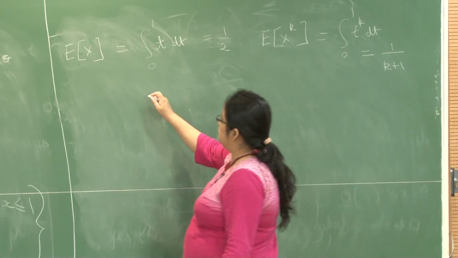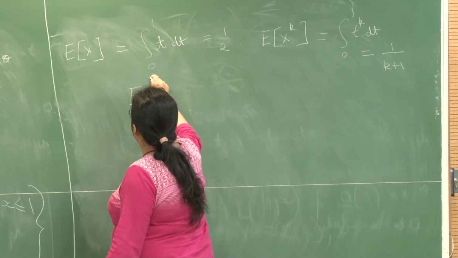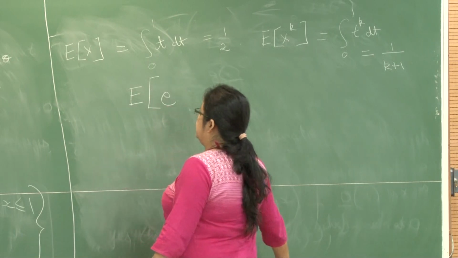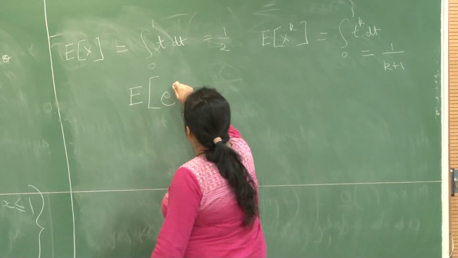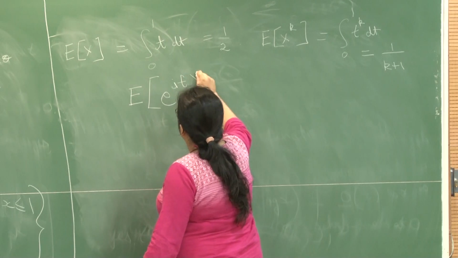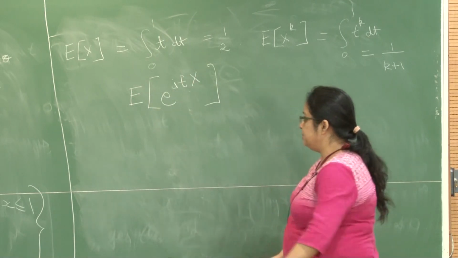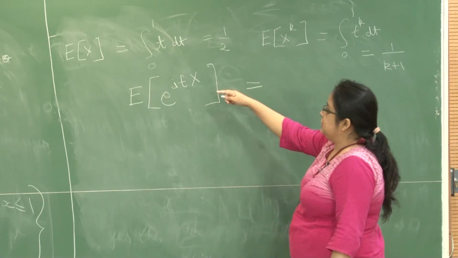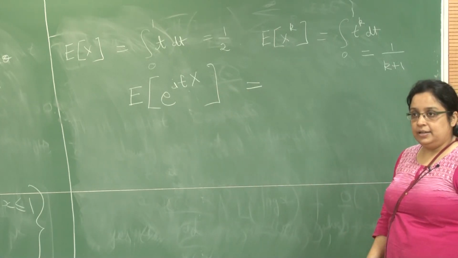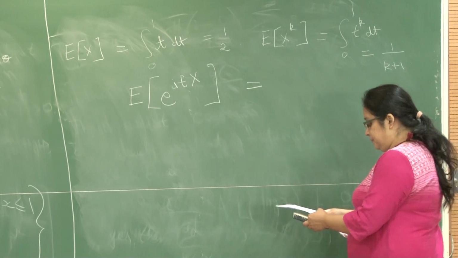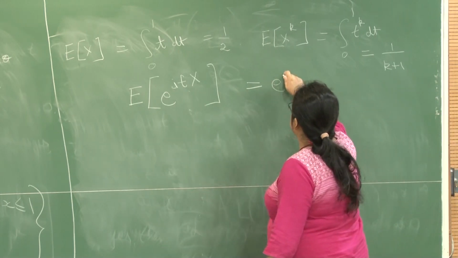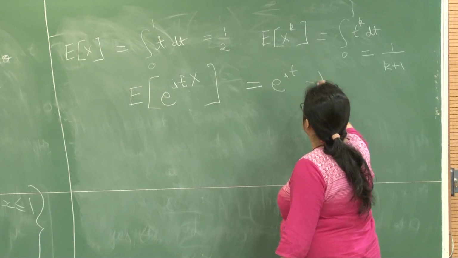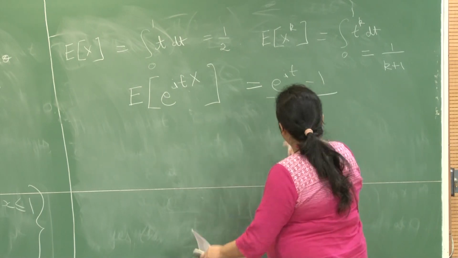What about the expected value of e raised to the itX, for any real number t? This is your characteristic function, right? So, this turns out to be (e raised to the it minus 1) over it.